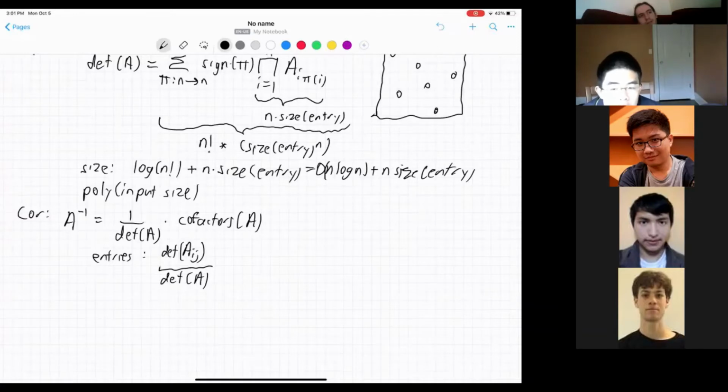And what is the size of this? Well, we've already argued that this has polynomial size and this has polynomial size. And that means that we know that the entire rational number has polynomial size, right?